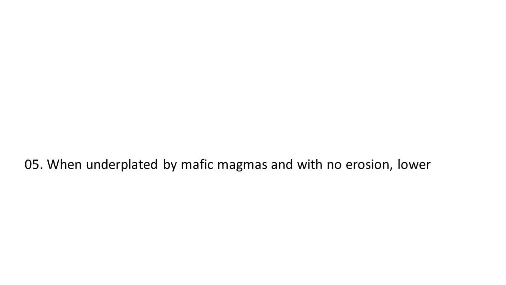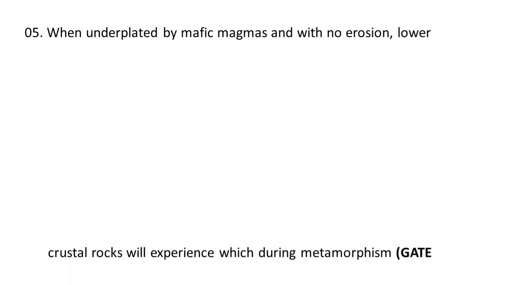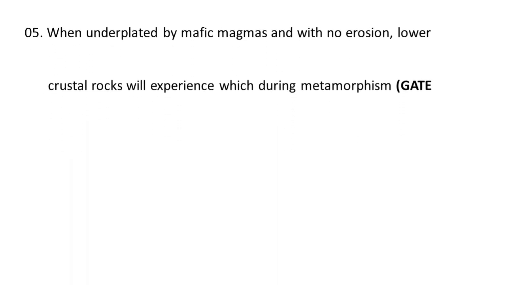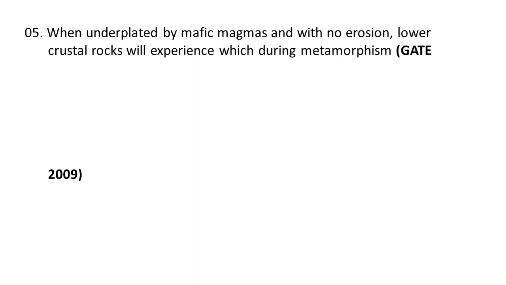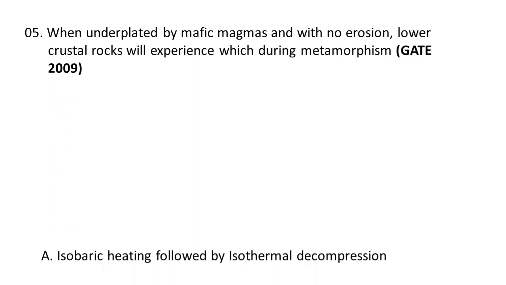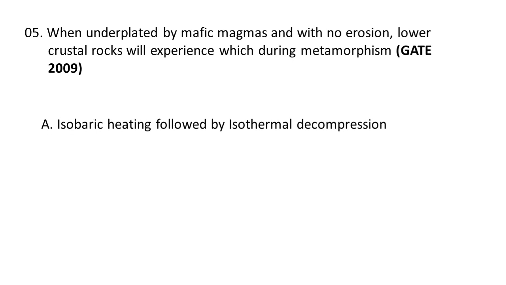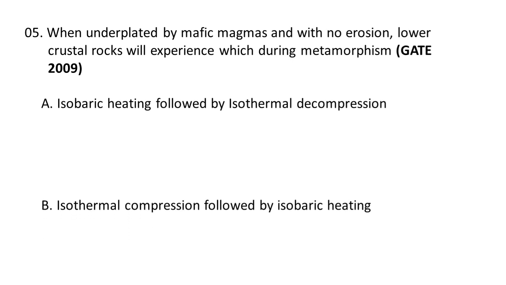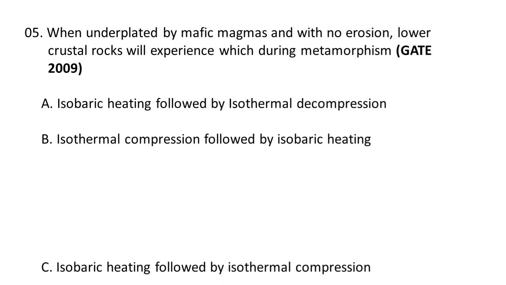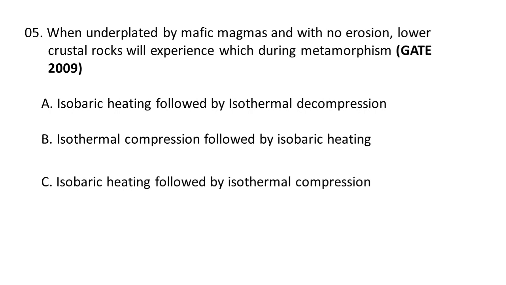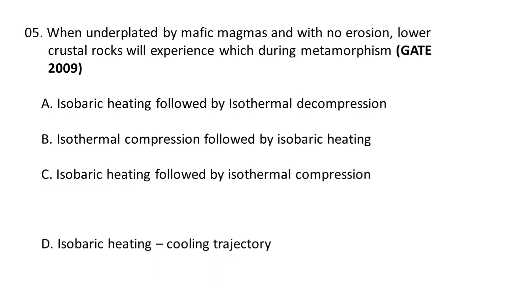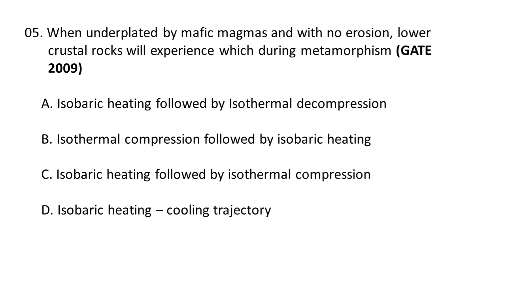Next question. When underplated by mafic magmas with no erosion, lower crustal rocks will experience what type of metamorphism? A. Isobaric heating followed by isothermal decompression, B. Isothermal compression followed by isobaric heating, C. Isobaric heating followed by isothermal compression, D. Isobaric heating and cooling trajectory.